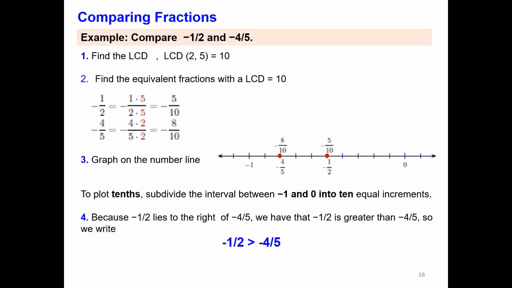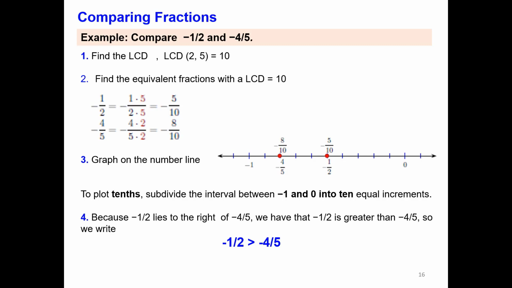And now let's compare negative numbers and negative fractions. The procedure is the same. If we want to compare negative fractions, we will do the same thing. The first thing we want to do is find the LCD, because we want to create equivalent fractions with the same denominator, and in this way it's easier to compare the fractions.